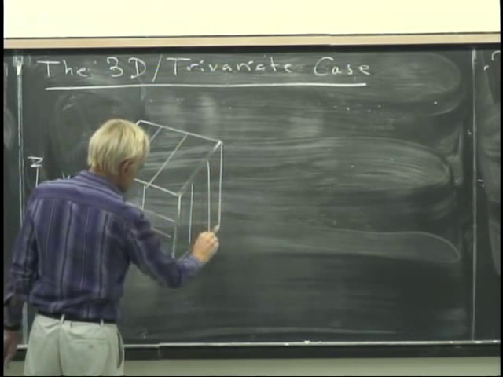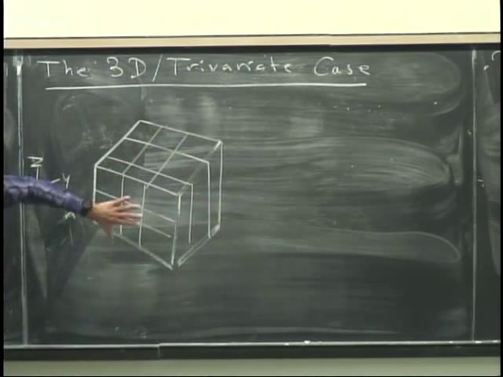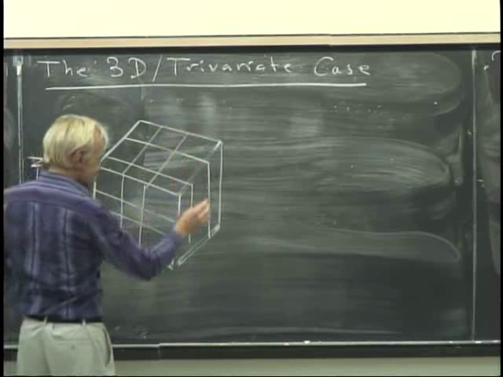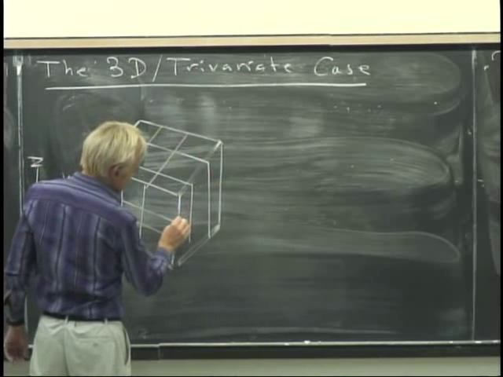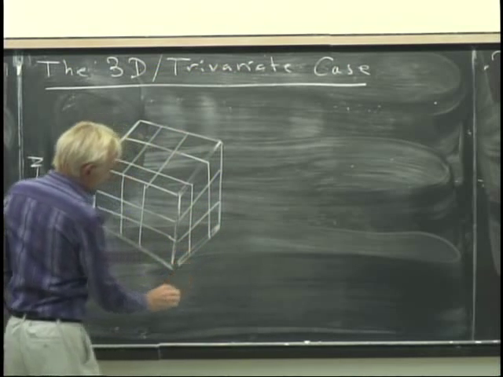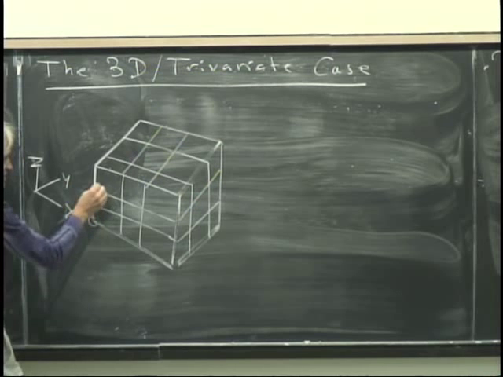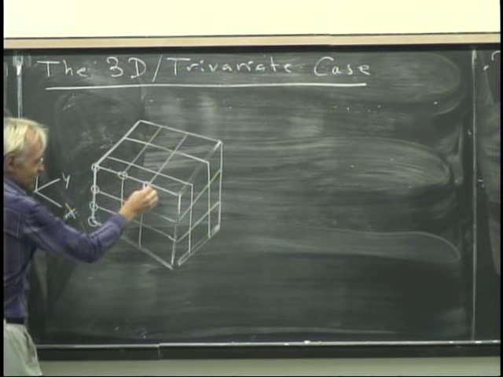I will only sketch the coefficients on the side faces because otherwise it becomes completely overcrowded. This is just one building block, and these circles are 64 in number.